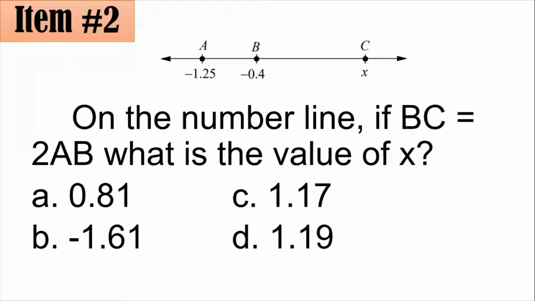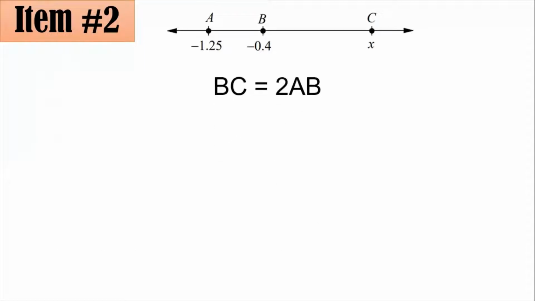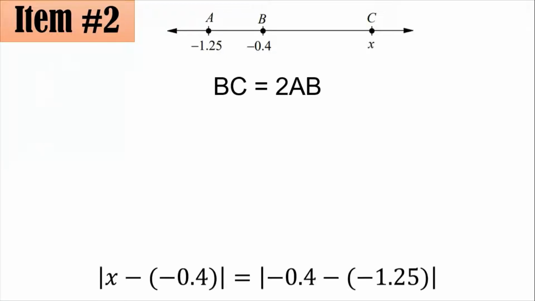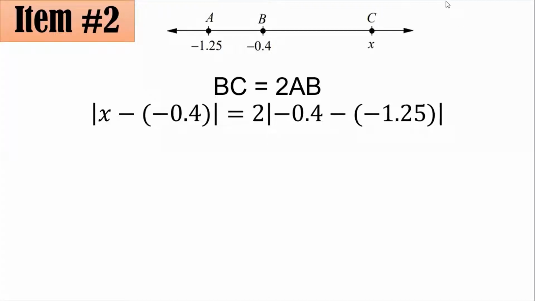So to do this, we know that BC is twice of AB. So this should be twice as long. And we know that BC, so for this one, if you could see the distance of BC, to get the distance between them, you actually have to get the absolute value.